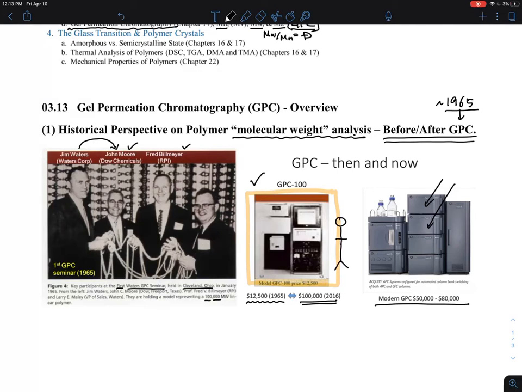This is a solvent delivery pump, and I'm pretty sure this is an oven for temperature control, with different types of detectors and different GPC columns. You can inject many samples automatically overnight, so that you can have very fast feedback on the polymer samples that you make.